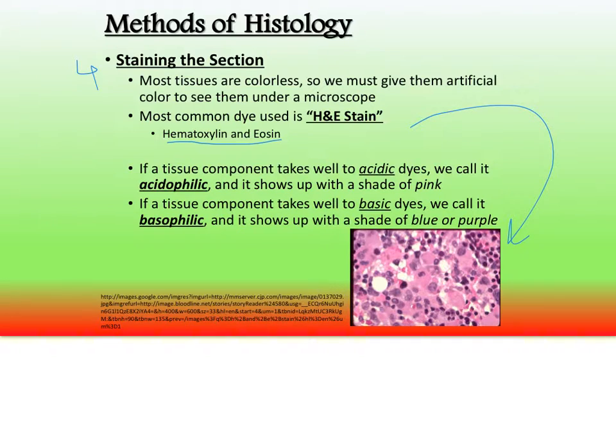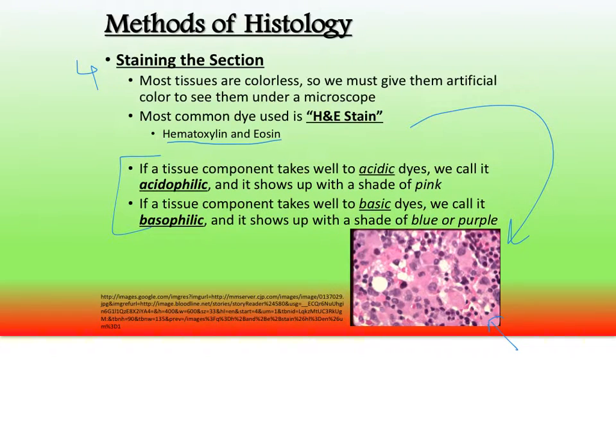So as a guide here, I wrote out what we see. If a tissue component absorbs an acidic dye really well, we say that part of the tissue is acidophilic, and it will give us a pink shade. As you notice in this picture, these pink areas are cytoplasm. Cytoplasm is very acidophilic and comes back pink.